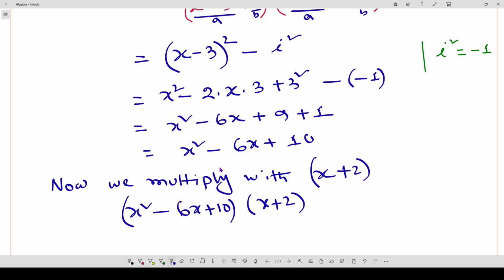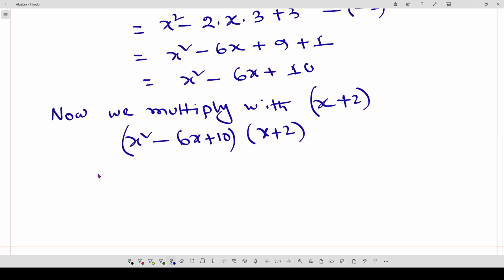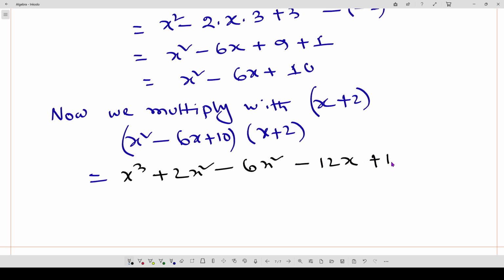We multiply: x cube, plus 2x square, minus 6x square, minus 12x, plus 10x, plus 20.